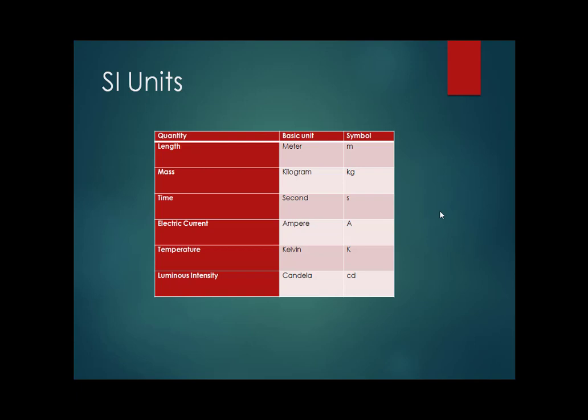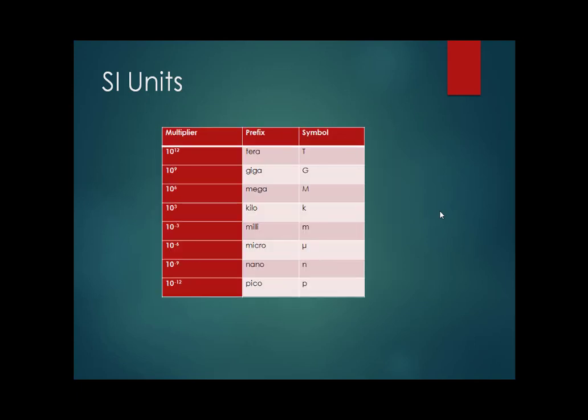Electrical current, an important one, has the basic unit ampere. There are some subunits like milliampere, kiloampere, microampere, and nanoampere, identified by using A. Temperature is in kelvin, and the symbol is K. Luminous intensity is in candela, and its symbol is cd.